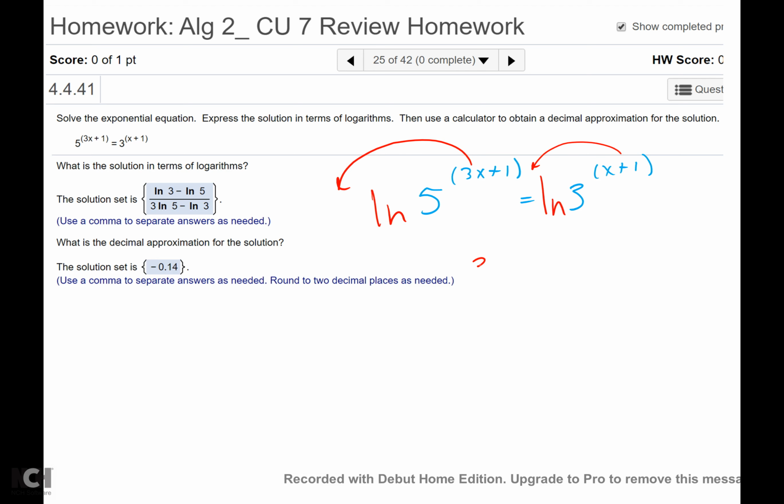So now I have 3x plus 1 times ln 5 equals x plus 1 times ln 3. Okay. And so now, let's see, what do I want to do?